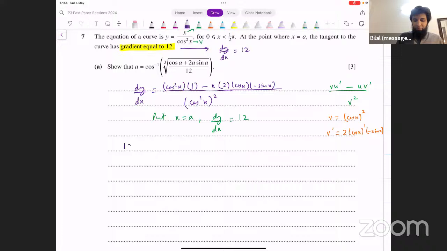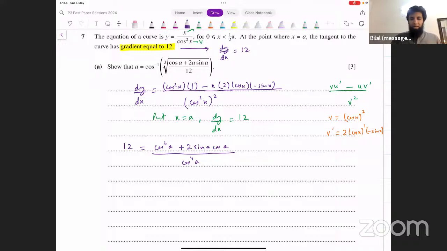That gives you 12 equal to cos square a, minus and minus, that becomes plus. So you've got 2 sine a into cos of a divided by cos raised to the power 4a. This is what we're getting.